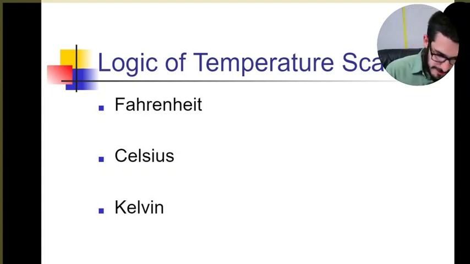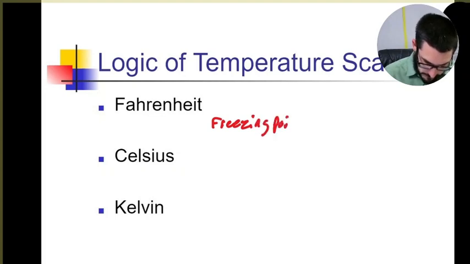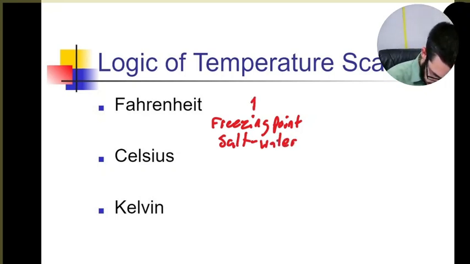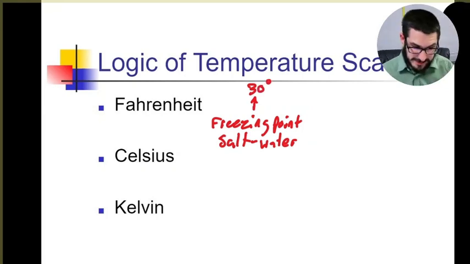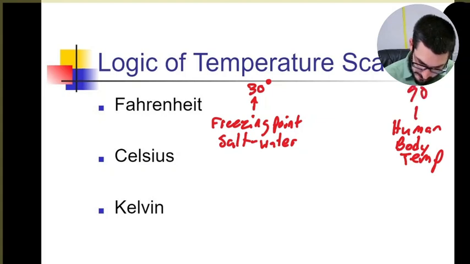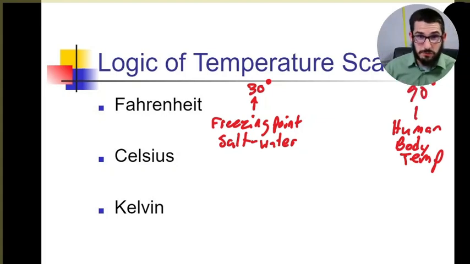But Fahrenheit, when they came up with Fahrenheit, they actually looked at the freezing point for a salt water solution and set that to 30 degrees, and then looked at human body temperature and said that that was 90 degrees, and then kind of went from there to make the rest of the system.